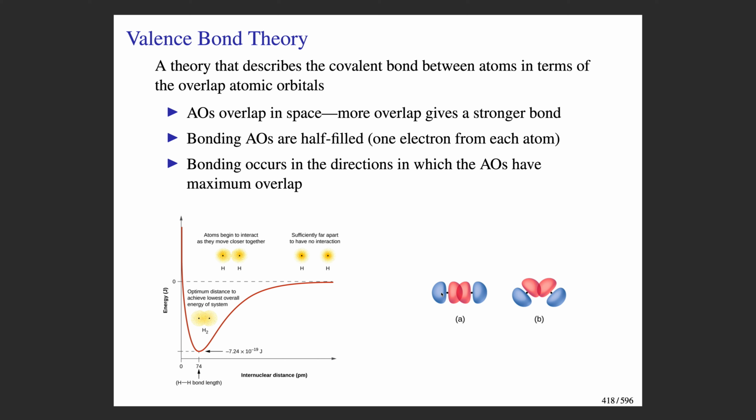And in this configuration, with the p orbitals oriented towards one another, you have good overlap between the two atoms, but at a different angle, if the p orbitals were pointed in this direction, you would not have as good overlap. So there is an orientation dependence to the atomic overlap, which leads to specific directions in terms of chemical bonds. And we're going to see some examples of that in the next couple of videos.